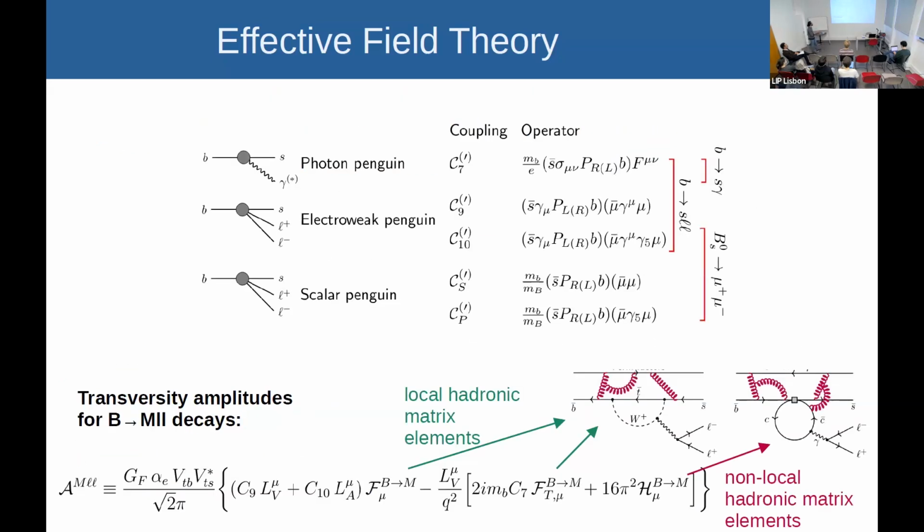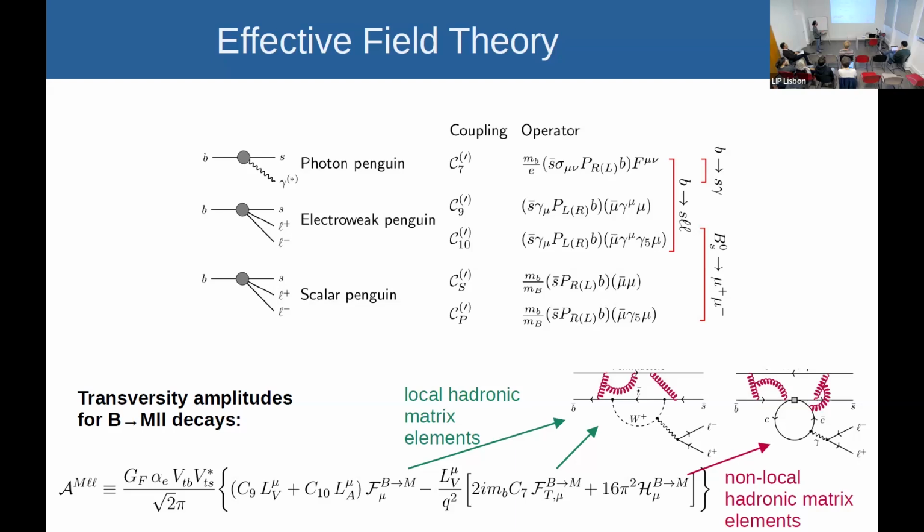So here, just to clarify a bit, which are the Wilson coefficients that we are probing with this type of decays. Here you can see a list of 5 plus the primed versions, so 10 in total, Wilson coefficients. Here they are operators, so they encode different kinds of currents.